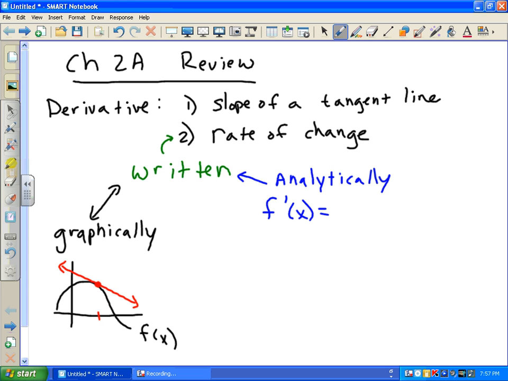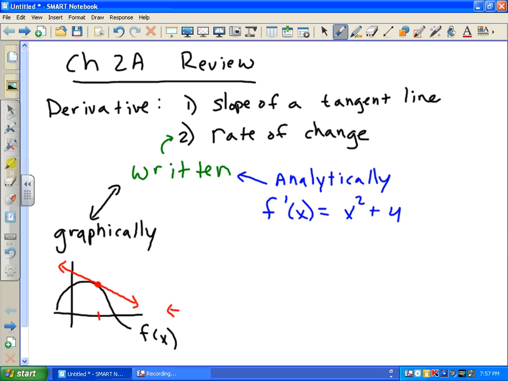So a derivative function could possibly be x squared plus 4. That derivative function is simply waiting for an x value to be plugged in. When that x value is plugged in, you will have the slope of the tangent line at that x value. So analytically, we're talking about equations.